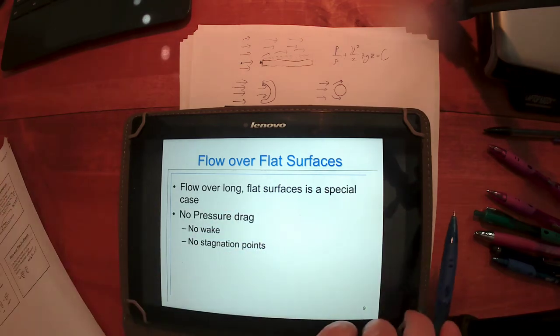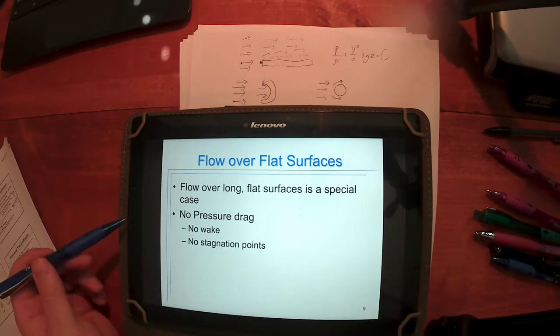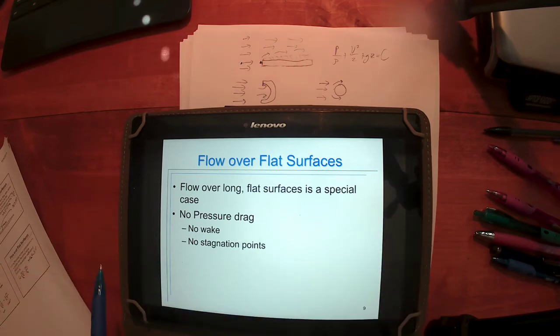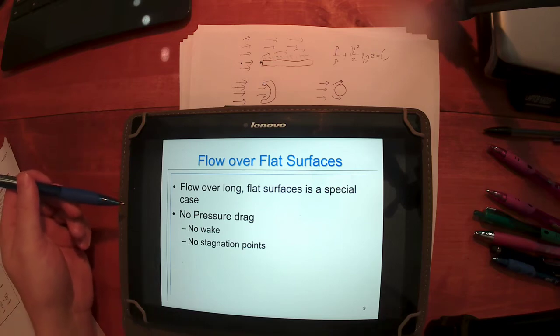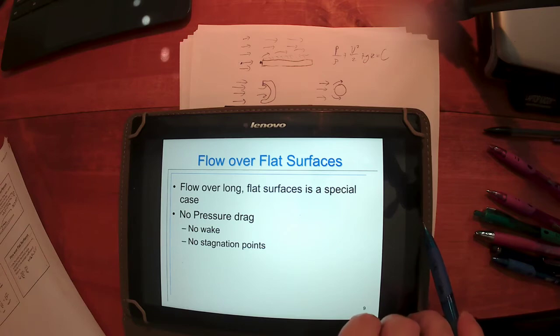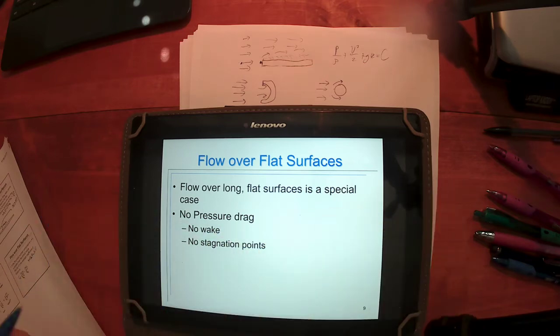And in the wake, I'm going to have a very low pressure, and in the stagnation point, I'm going to have a very high pressure, and the difference in the pressures is going to cause a pretty big drag force. But over a long flat surface, I have minimal stagnation here and not much of a wake back here. So there's not a whole lot of pressure difference between here and here. Therefore, there's not much net drag force from pressure difference.